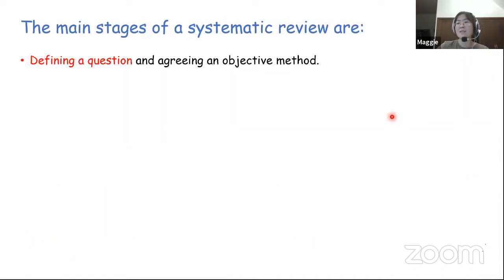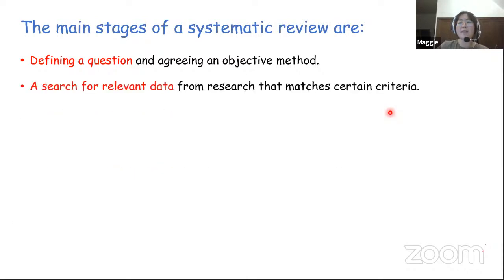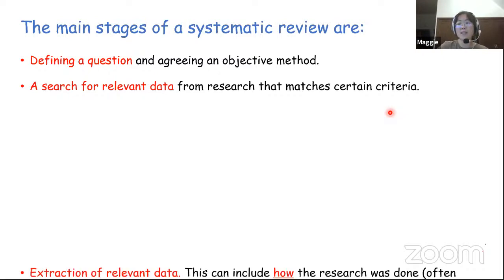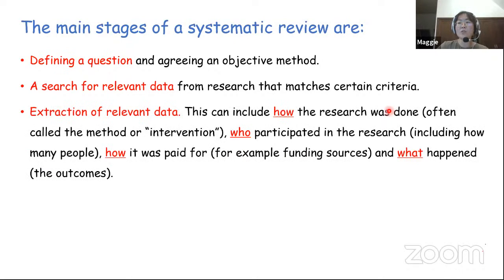The main stages of the systematic reviews are, first, you need to have a clinical question. So define a question and an agreed and objective method. And then search for relevant data. So search in the database to collect the suitable research for the combination later. And then extraction of relevant data.